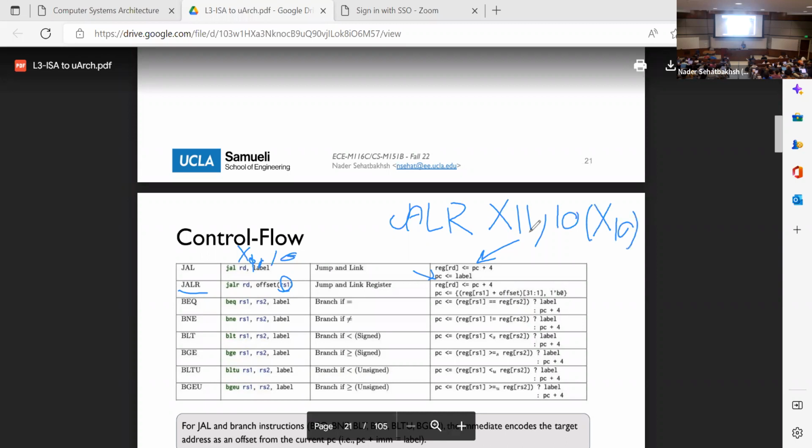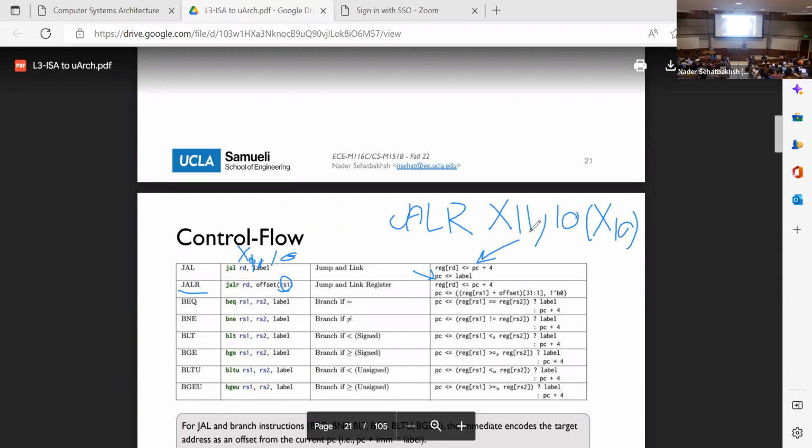So this means that whatever value x10 has, add 10 to it and update my PC with that number. It also does another additional thing: whatever the PC currently is before updating, add 4 to it and store that value into x11.